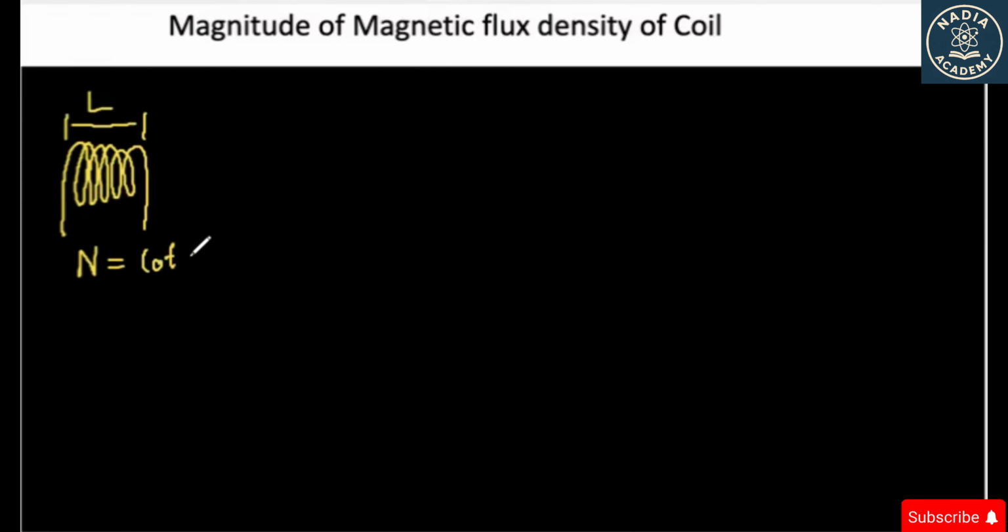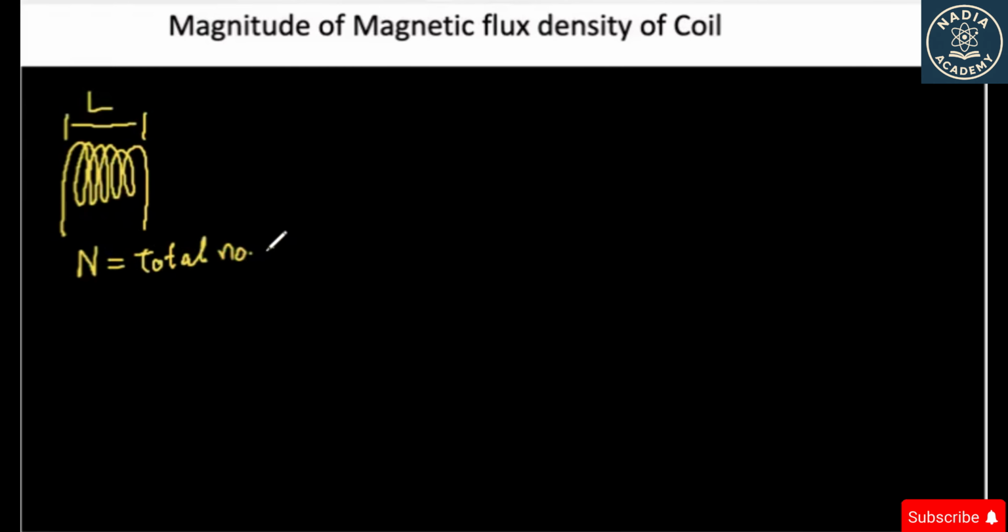Okay, so now we can consider that we have a coil, meaning a solenoid, and this coil has a length of L, and the number of turns in this coil is capital N. That means these are the total number of turns in the coil.